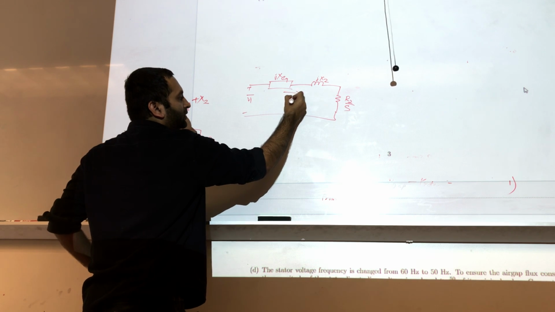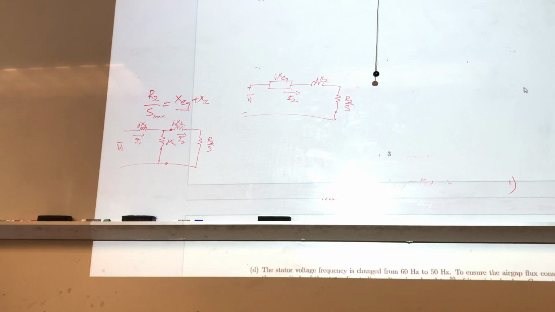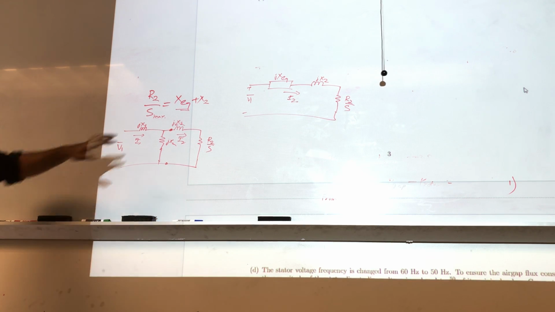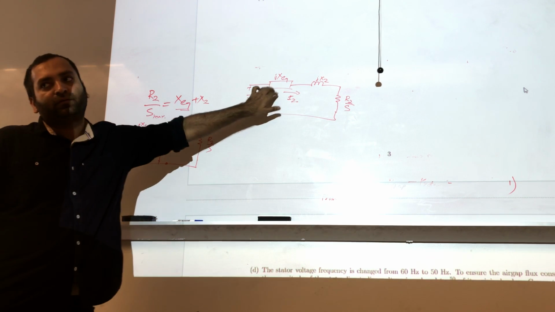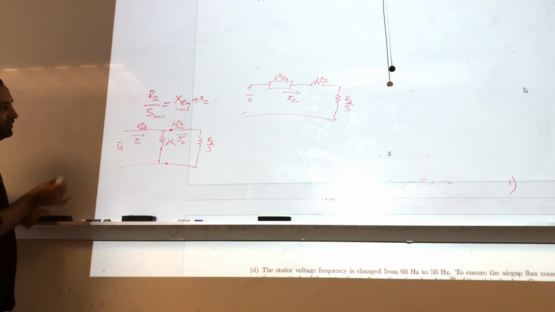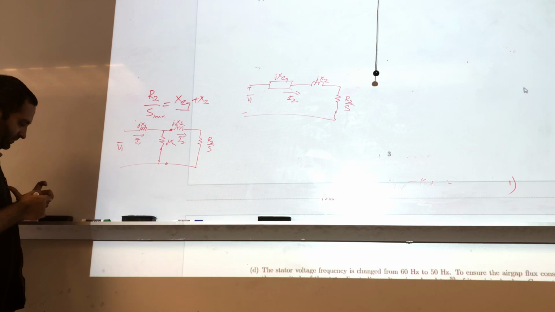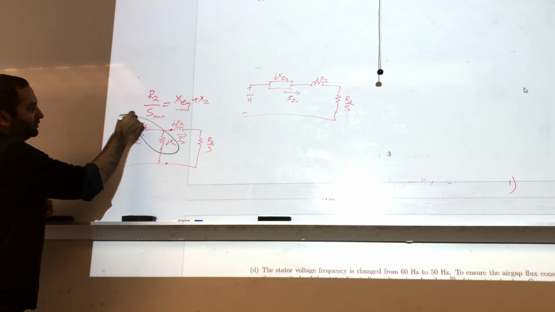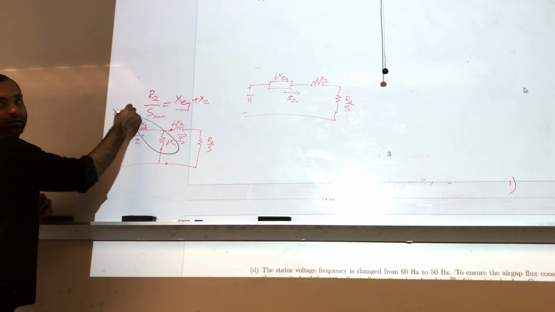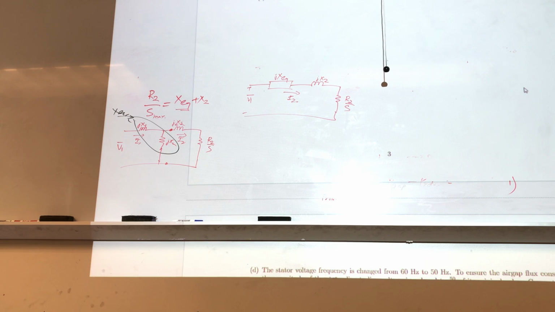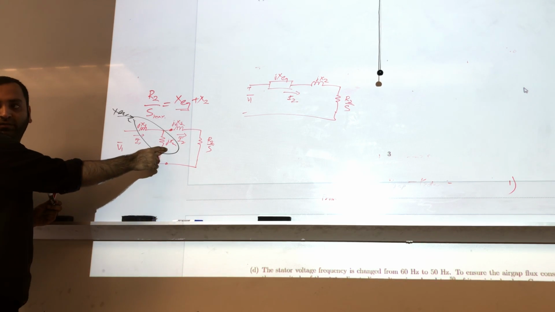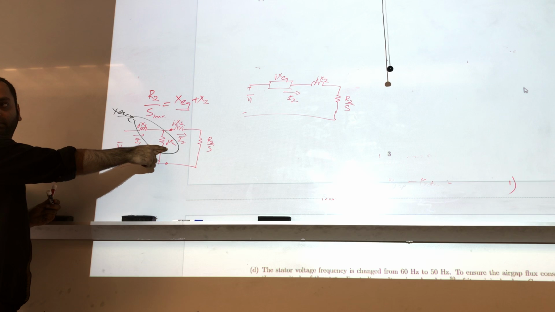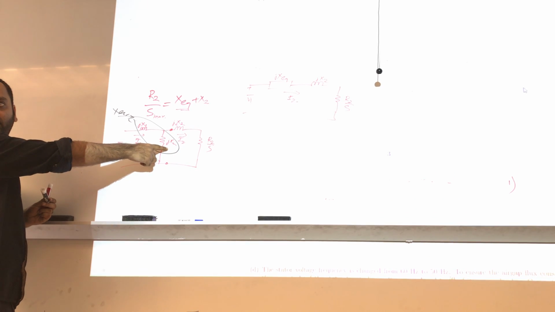This is I2, right? Now you have to find X equivalent. What is X equivalent from here? Basically nothing, it's X1 parallel to XM. Yeah, so this is X equivalent. Is it clear?